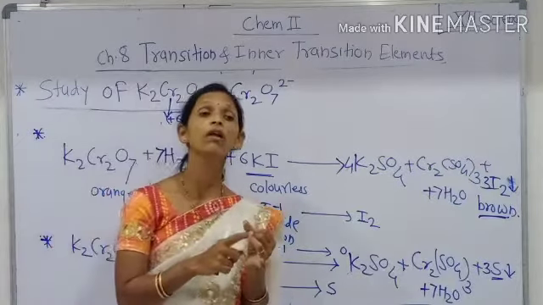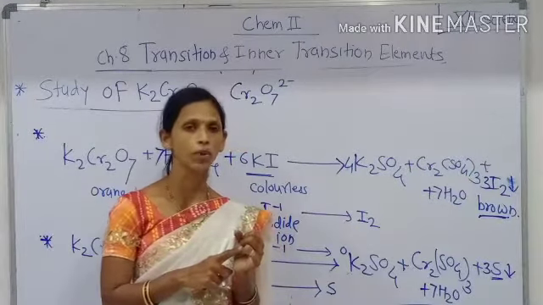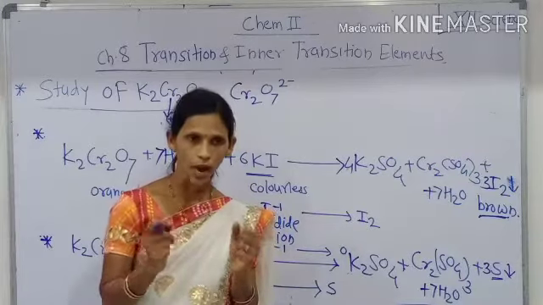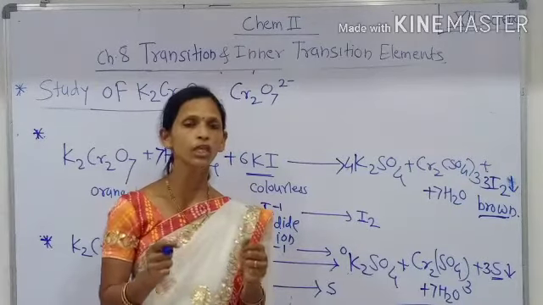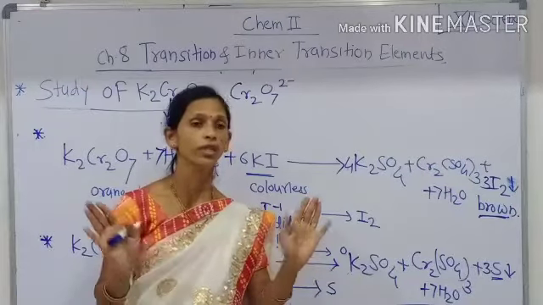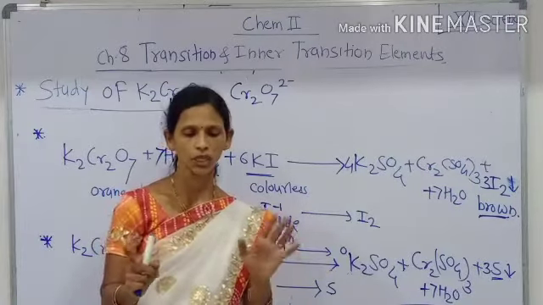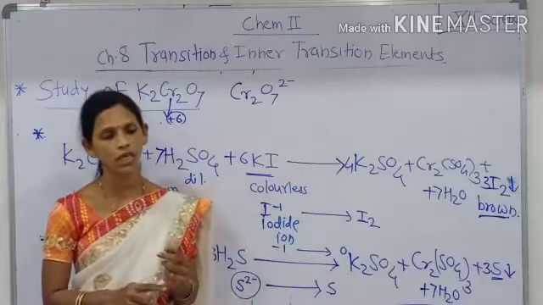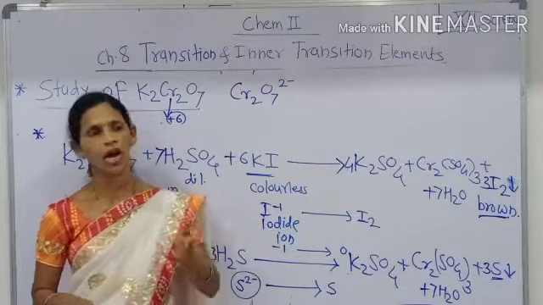They form colored complexes or colored compounds. Then they act as good reducing agents because they have a tendency to lose electrons, and therefore they act as strong reducing agents. They form insoluble oxides or hydroxides.